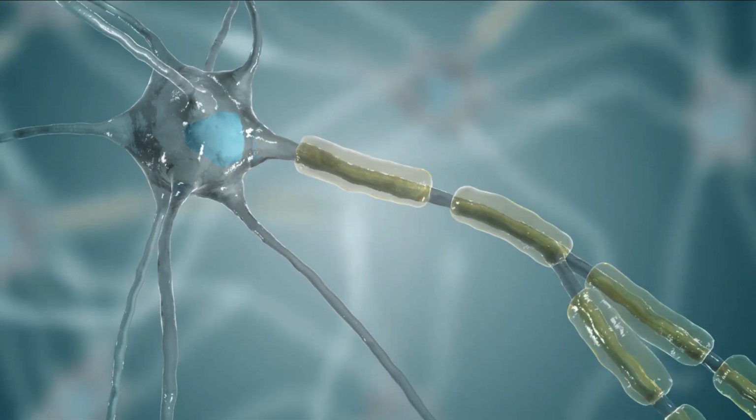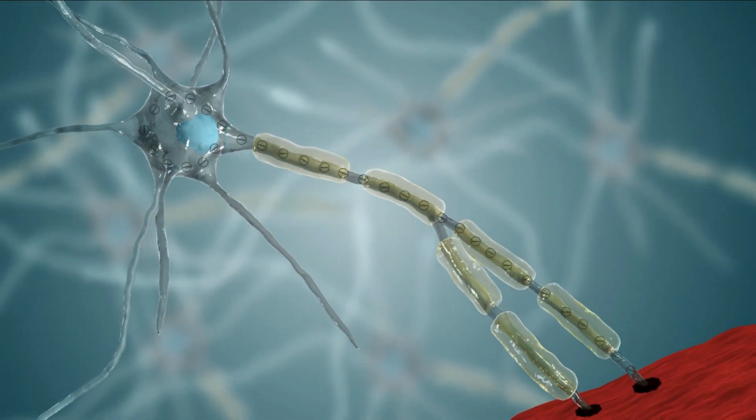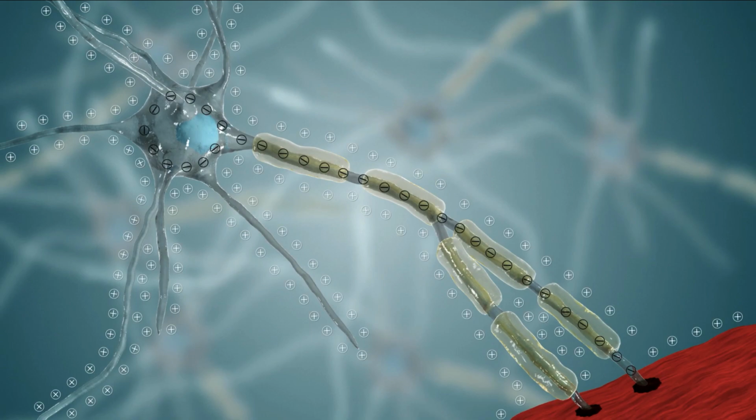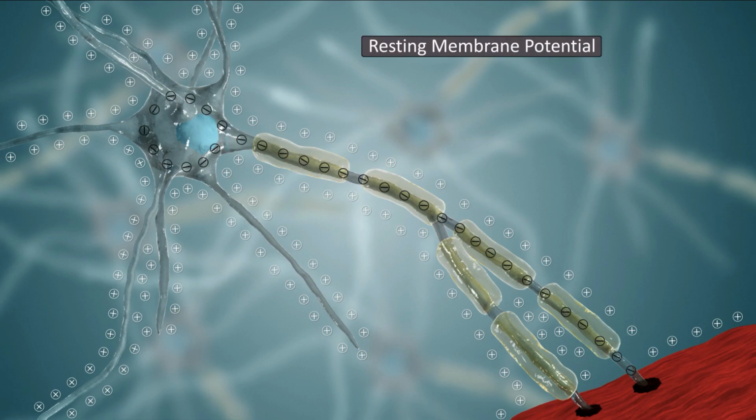Since the inactive cell membrane is negatively charged inside and positively charged outside, it is considered to be polarized. The voltage created by this distribution of ions is known as its resting membrane potential and is maintained everywhere on the cell membrane. The excitable cell remains in this state until it receives a stimulus.